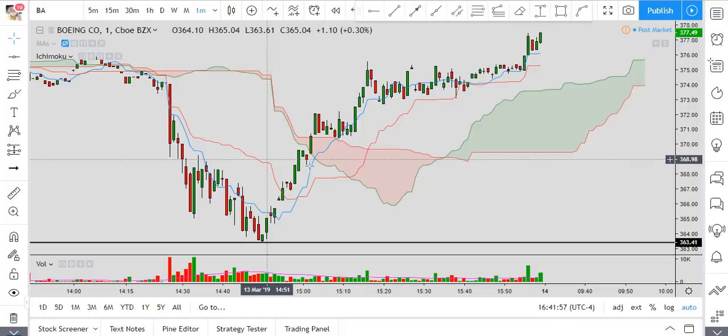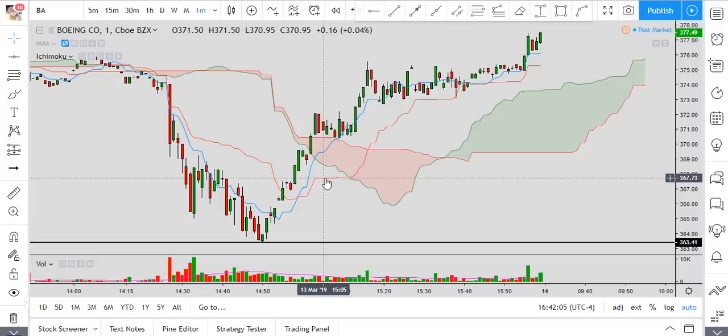People compare the blue line to a 9 moving average and the red line to a 26 moving average, but they're completely different things. These lines take the past 9 and 26 periods, but they use the highest highs and the lowest lows of those days, whereas a moving average only takes in the close of that day.